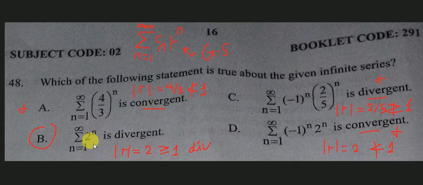For b, the common ratio is 2, greater than or equal to 1, so it is divergent. Convergent requires strictly less than 1. So b. For c, the common ratio is negative 2/5, and the absolute value is 2/5. To be divergent it would need to be greater than or equal to 1, which it is not, so no. For d, the common ratio in absolute value is 2, which is not less than 1, so it is not convergent. The answer is b.